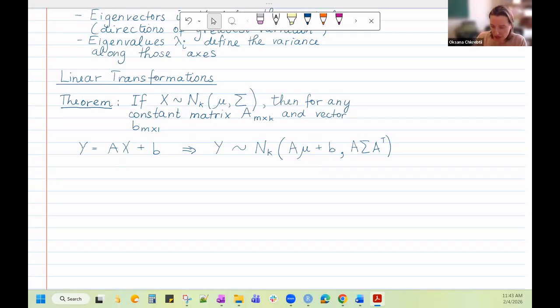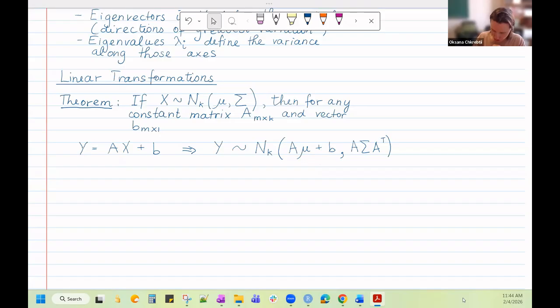This property is fundamental for generating multivariate normal samples from standard normal noise. So if we have a pseudo-random number generator, and we're able to generate standard normal random variables, that is with mean 0 and identity covariance, then we can use this theorem to obtain random variables with a specific mean and covariance. It also allows us to do whitening of the data by removing the mean and decorrelating the variance.